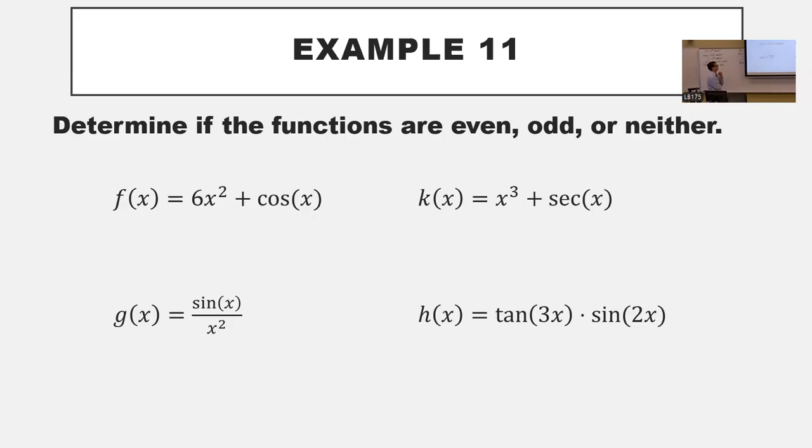It's kind of like when we had sine over cosine. Cosine was even, sine was odd. If you plug in a negative x, you can bring the negative out front of sine, but if I plug in a negative x in the denominator, the negative is going to go away.